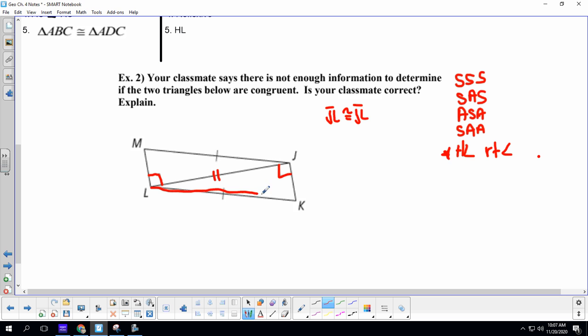That is the side across from the 90 degrees, and yes, we have that, and the hypotenuse is congruent. And then the last thing is, is a leg congruent? Because of the reflexive property, we can say yes, this leg is congruent. So we can say yes, these two are congruent by the hypotenuse leg. So our little classmate is wrong, like Donkey Kong, because these are congruent.